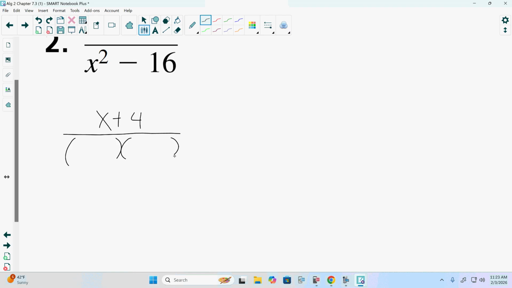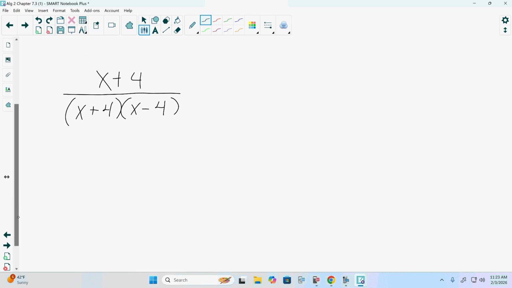It's x and x. Is 16 a perfect square? Yeah, 4 and 4. So this should factor to x plus 4 times x minus 4. Questions on how we got to this point?